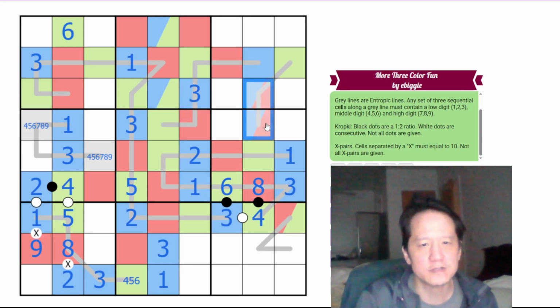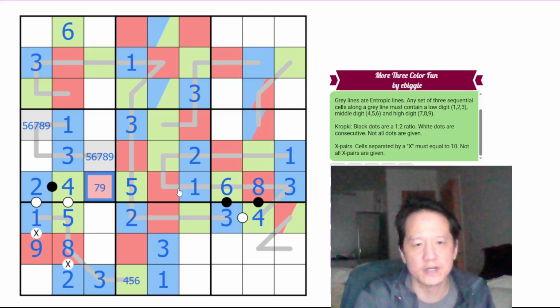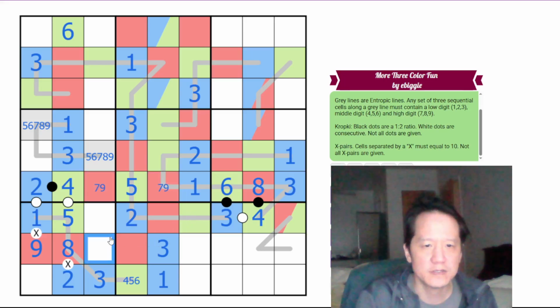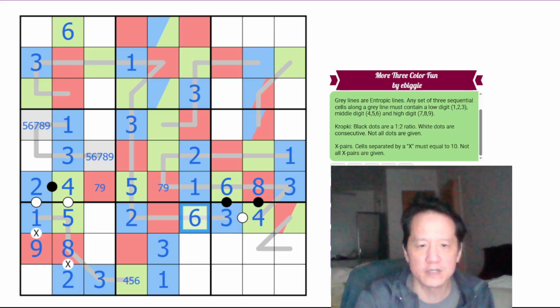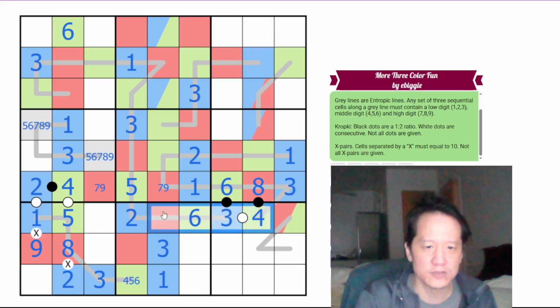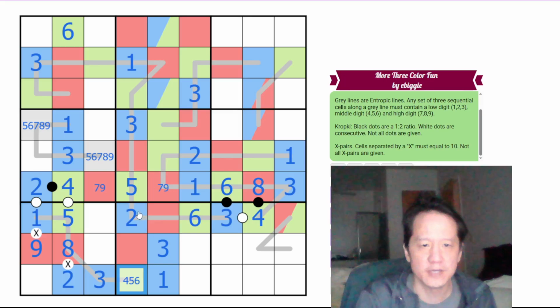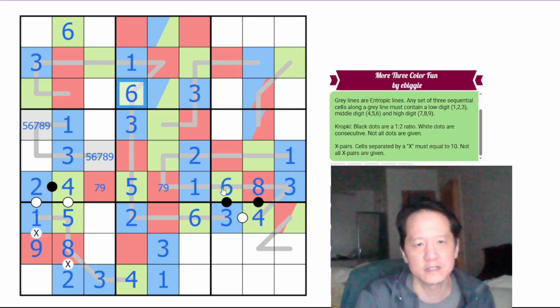One of these is low. We're not sure which. This cannot be 4. This is 7 or 9. This has to be a 6, because that's the only possibility for that. So this can't be 5 or 6. This has to be a 4, which makes that a 6.